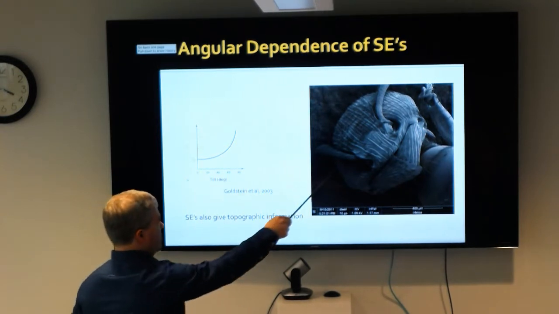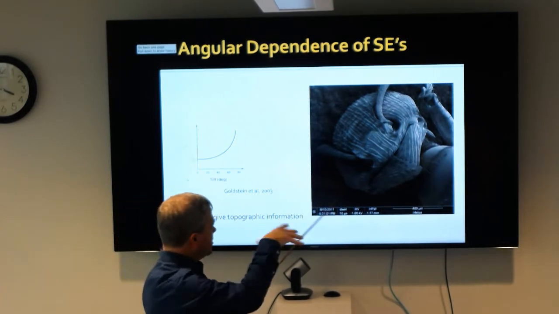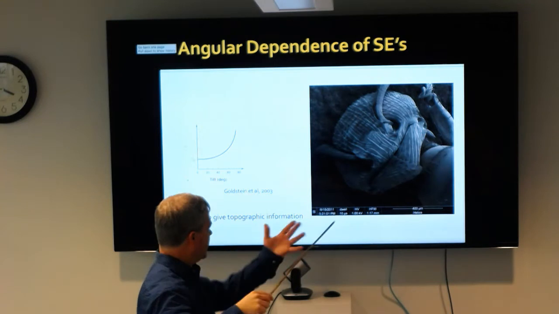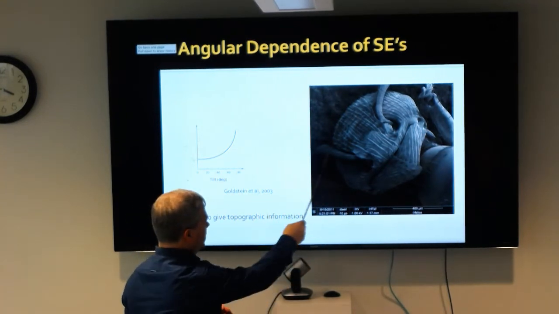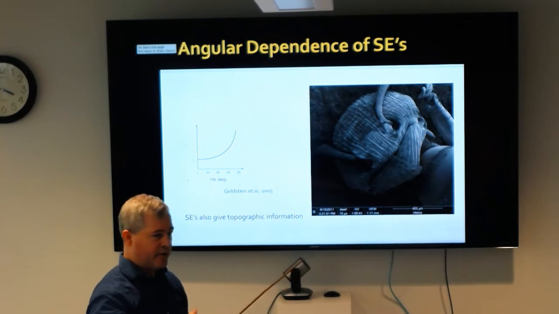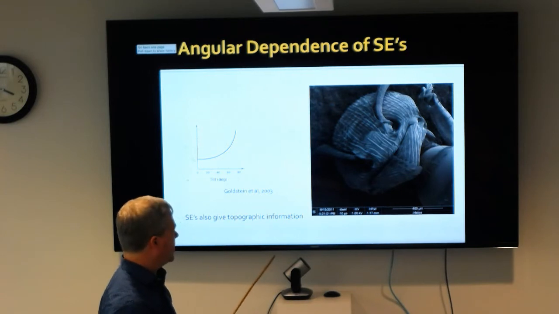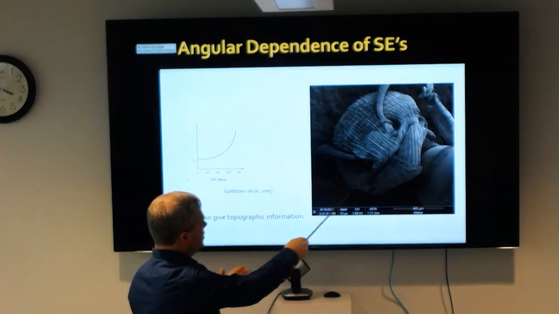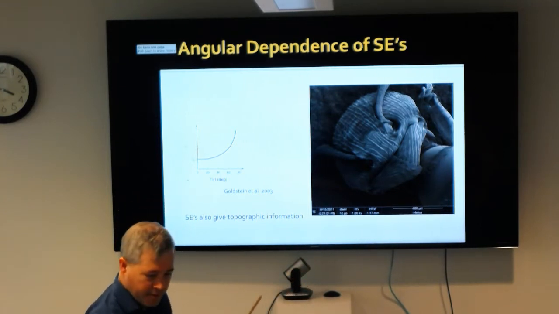Because this ant head has a lot of topographical detail, the electrons are hitting it at all different angles because of the shape of it. And so you get what looks very much like a 3D picture of it. That's why you get these really cool pictures from an SEM that you don't get in a TEM, because you're getting this sort of 3D type information when you take a picture of it.